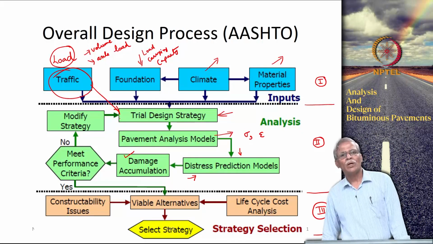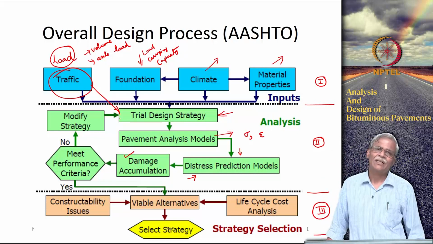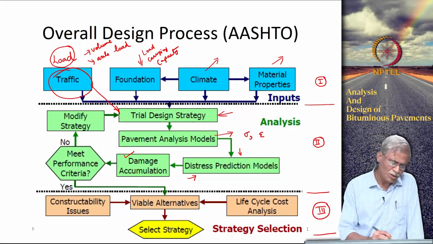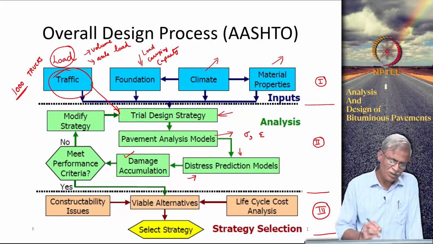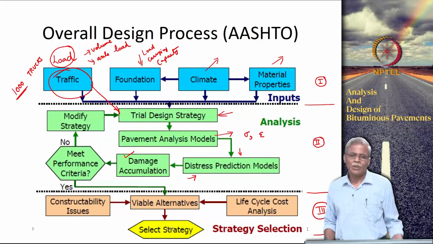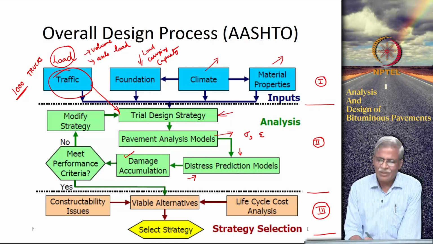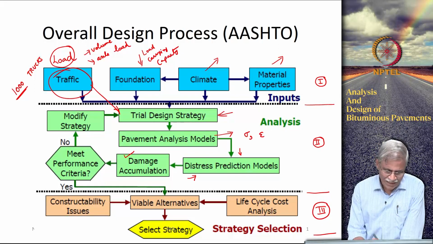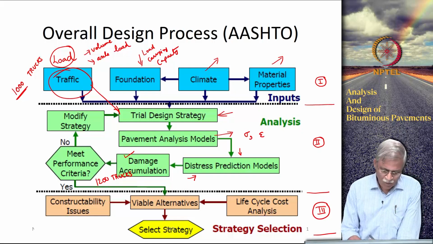Let us assume I do not want to use the load equivalency factor here because it has not yet been introduced. Let us assume that I am designing a road for 1000 trucks, just a simple example. This is the traffic part that comes in, and I take a trial design strategy, and after doing all the calculations I realize that this can withstand 1200 trucks. Then you immediately say yes.